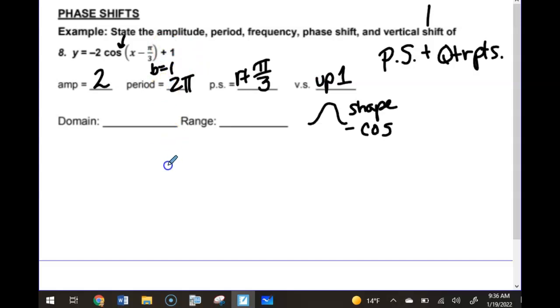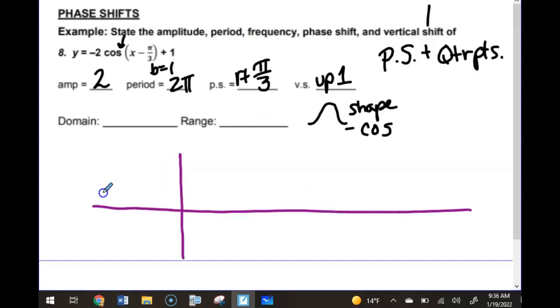All right, we haven't talked about domain and range for a while. Tell you what, I'm going to graph this. You don't need to. You can just watch. If I had to graph this, I would start with my midline of y equals 1. The amplitude is 2, so its maxes will be at 3, and its mins will be at 2 below 1, which would be -1.